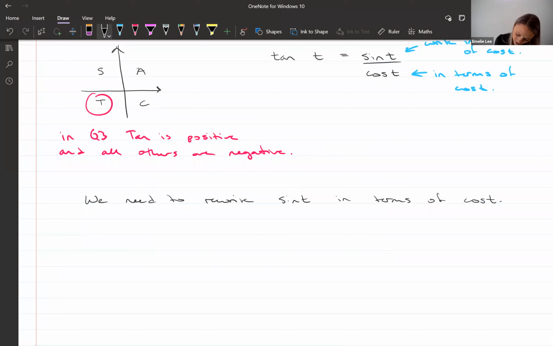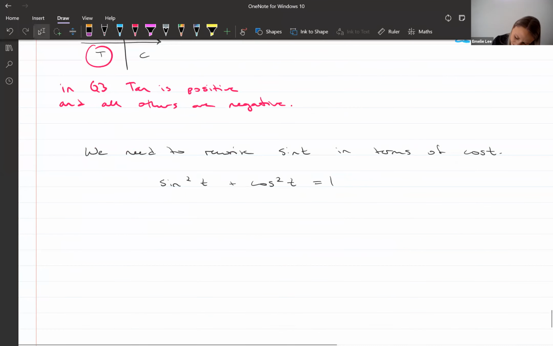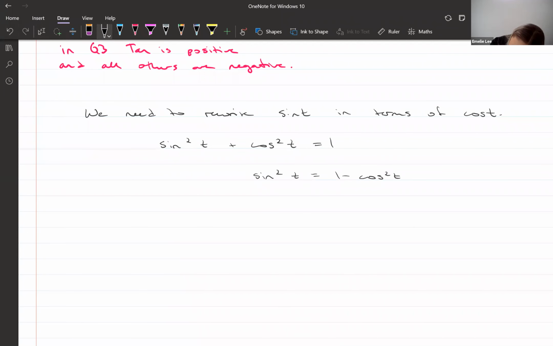So we can write sine squared t plus cos squared t is 1. Again, I'm going to solve for sine t here. So sine squared t is 1 minus cos squared t. All I need to do is take the square root, and then I'll have sine t. But remember, I get the positive and the negative values. So sine t is plus or minus the square root of 1 minus cos squared t.